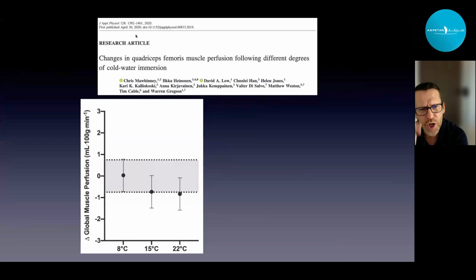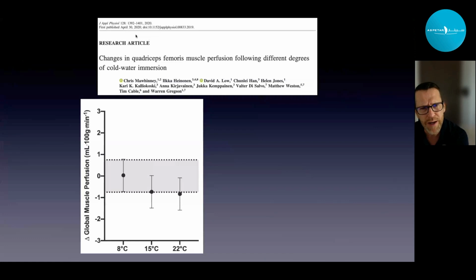In order for us to detect what we would call a clinically important change in perfusion, we would need our values to sit outside, obviously below, this range. So what you can see here is the mean and 95% confidence interval changes at 8, 15 and 22 degrees.